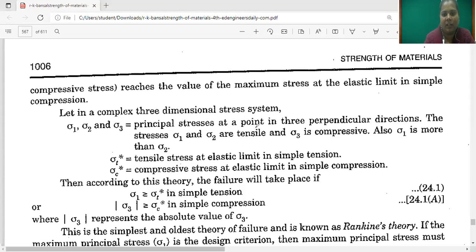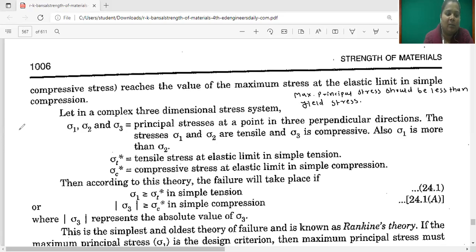I will also write here: maximum principal stress should be less than yield stress. So simply you remember this sentence.